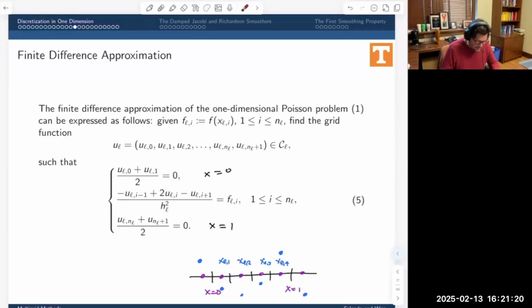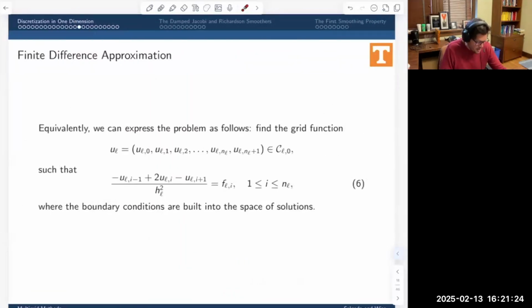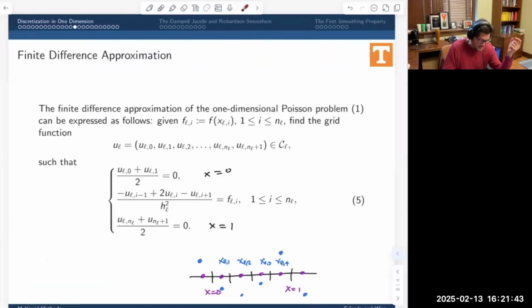So this is one way of doing it. An equivalent way of doing it is to say, well, let's just require our grid function to come from that space of cell-centered grid functions with homogeneous Dirichlet boundary conditions. Well, if I do that, then these two boundary conditions are taken care of automatically.